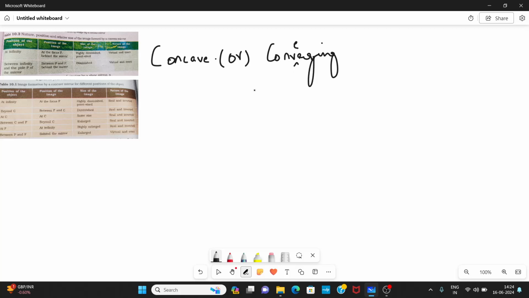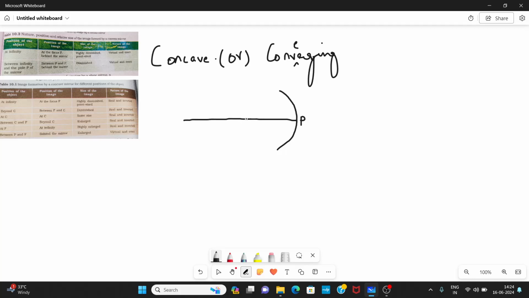There are 4 cases we have to discuss here depending on the position of the object and the reflected rays. Depending on the position of your object, your reflected rays will also differ. So this is my concave mirror, which is always bent inwards.